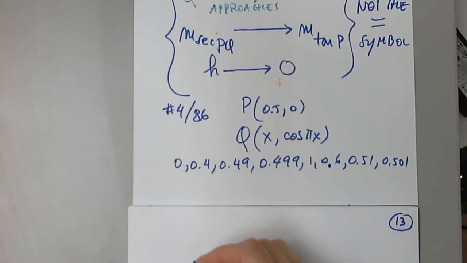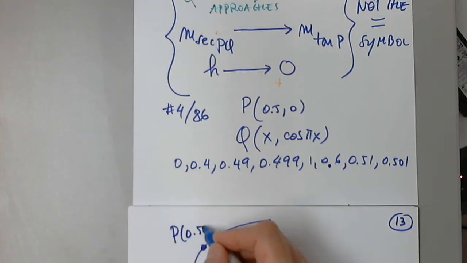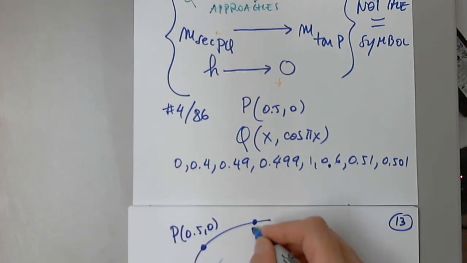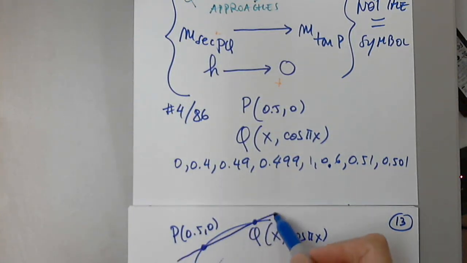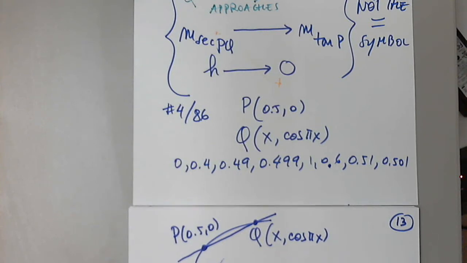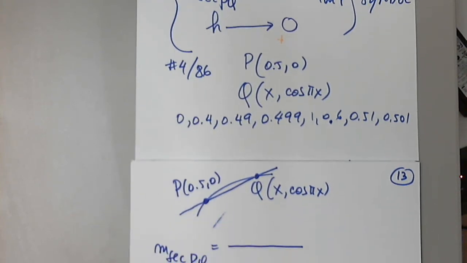So here's the idea again. We have P, 0.5, comma 0, and we have Q, which is x, comma cosine pi x. We want to determine the slope of this line. Can anyone dictate the slope of the secant line PQ?